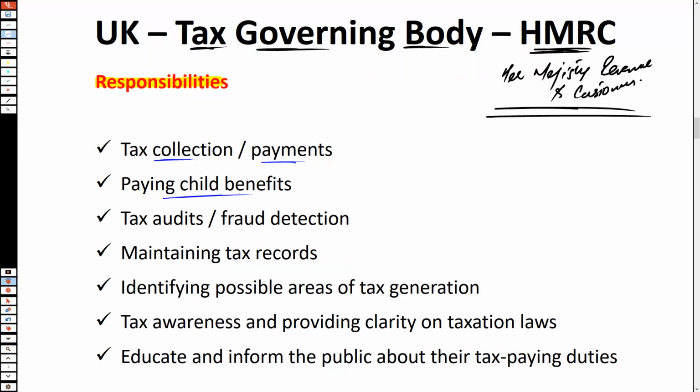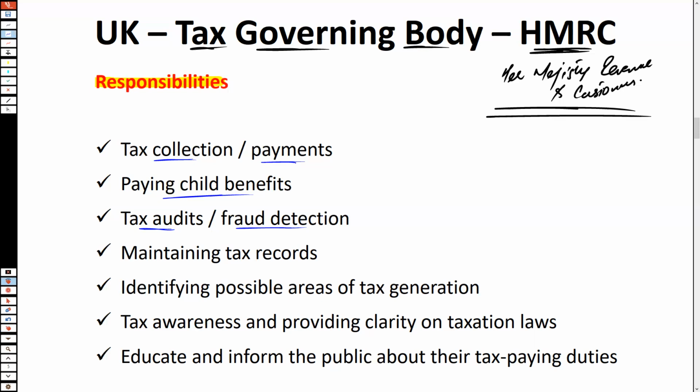In different countries, a person gets money from government in respect of their children. If the person has a low level of income, government will support them by paying them money. So paying child benefits is the responsibility of HMRC. Conducting tax audits, and detecting any fraud, such kind of things are also the responsibilities of a tax governing body.